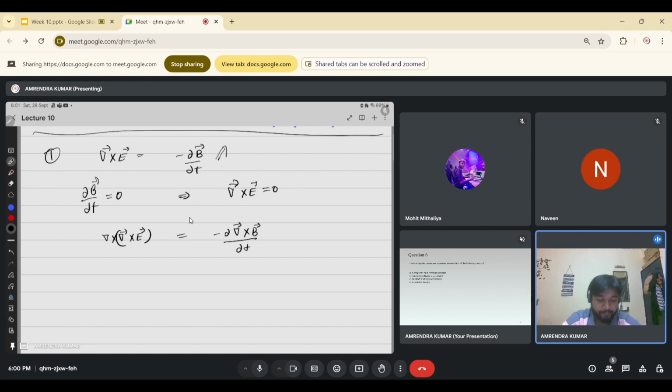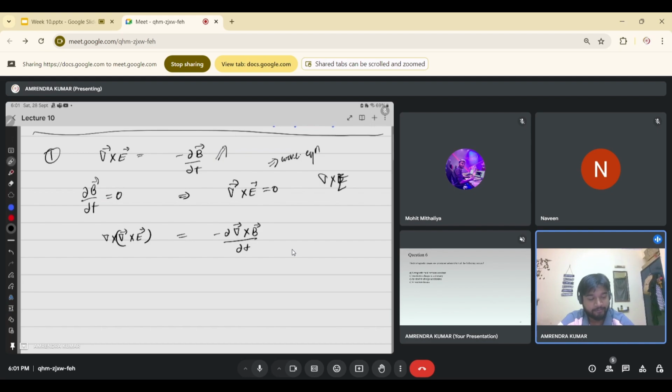Whatever we were doing, if you take out the spatial part, the time part is still zero. So this won't give you any wave equation, right? Because you have this equation, now you can solve it.